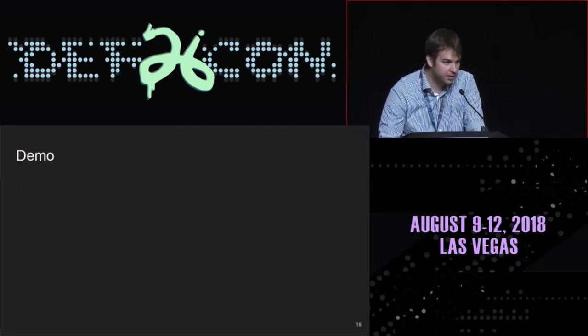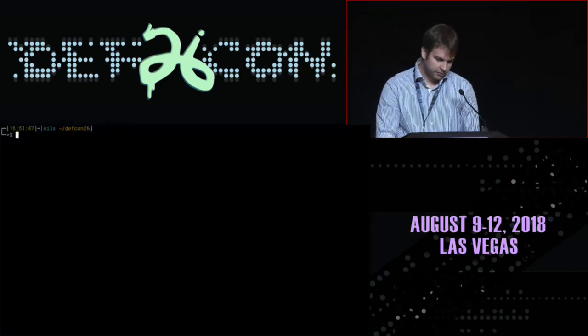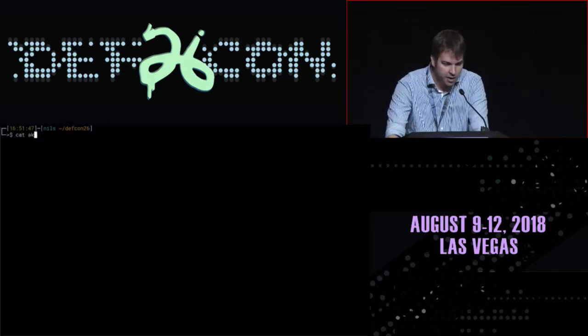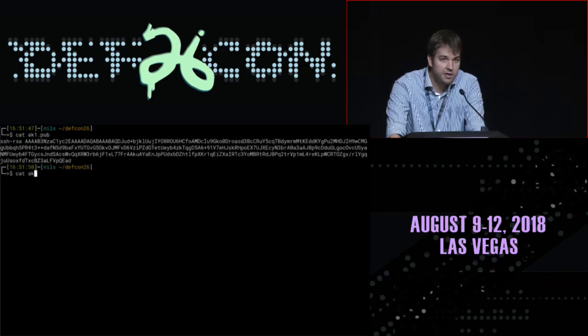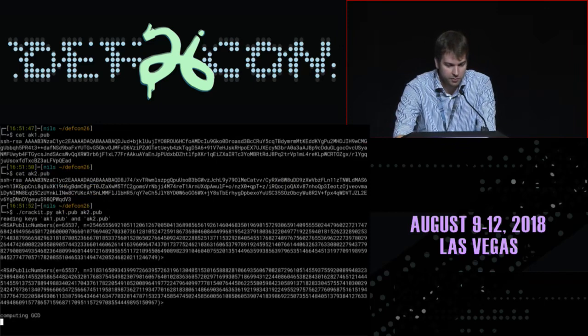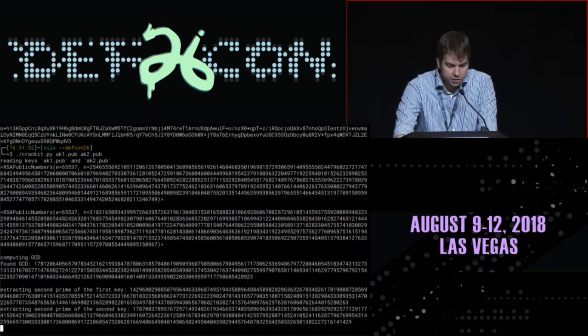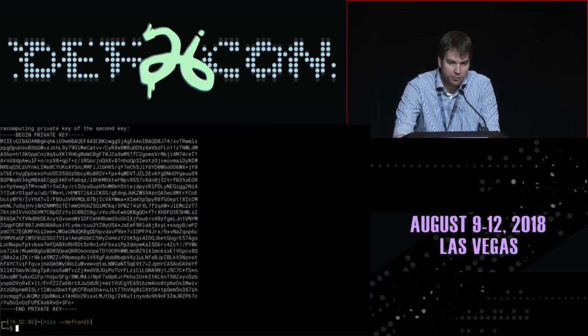So we have a short demo for you. Here we have two SSH public keys, ak1.pub and ak2.pub. We run a script that extracts the RSA modulus from the keys and computes the GCD, and since the GCD is larger than 1, we can retrieve the private key.